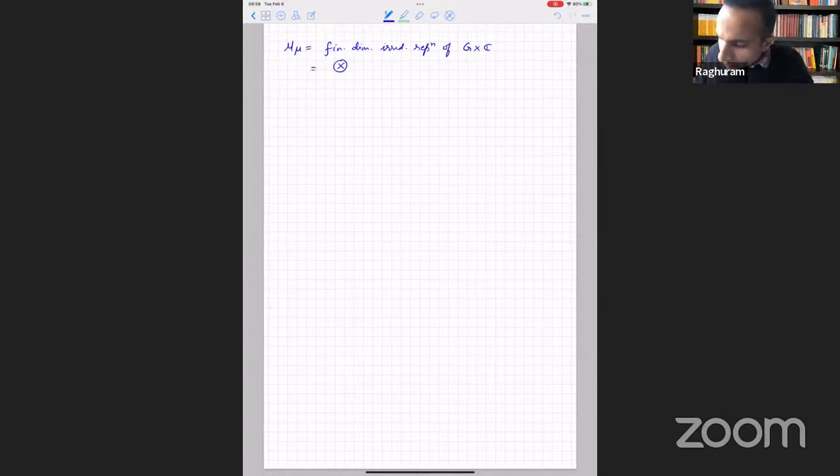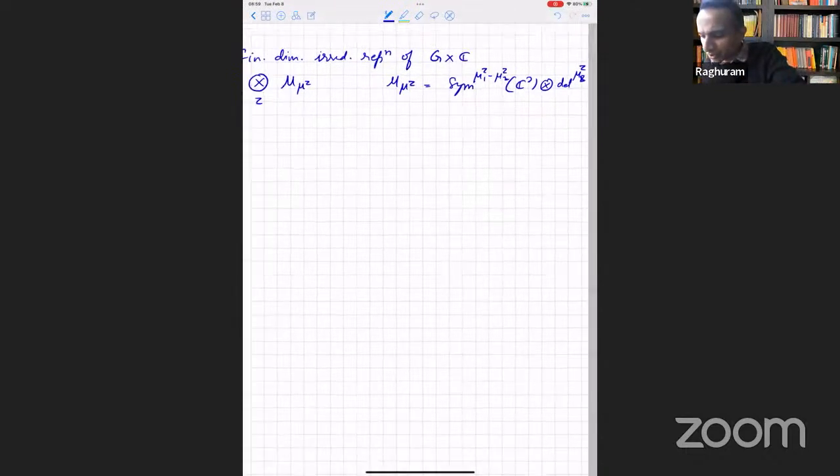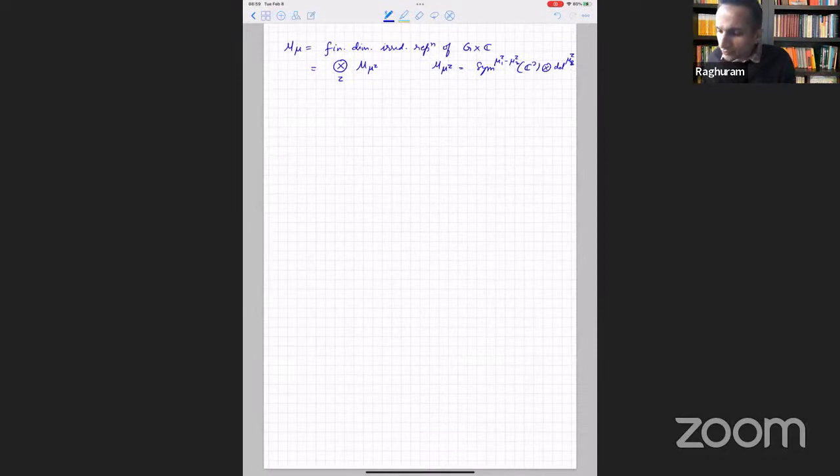This looks like the tensor product over tau, M mu tau, and each M mu tau is the mu tau 1 minus mu tau 2-th symmetric power of the standard representation twisted by the determinant to the power, if I remember correctly, mu tau 2. Okay, some GL2 theory. Don't worry too much about that. The point is, it's a standard, very well-known finite dimensional irreducible representation of GL2 of C, and I have one such representation for each Archimedean embedding.